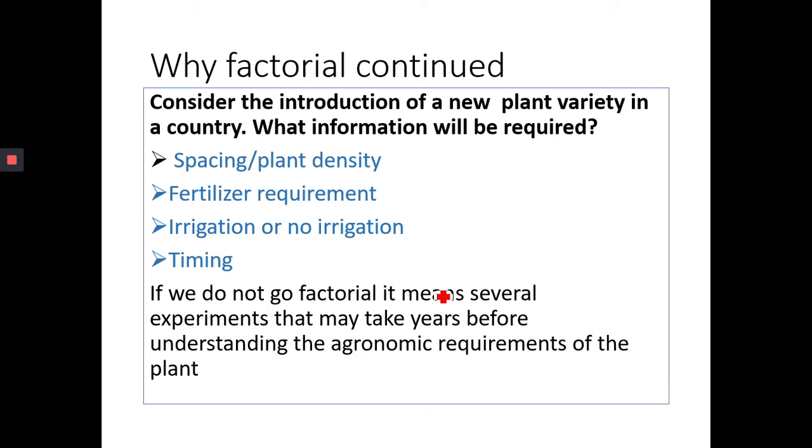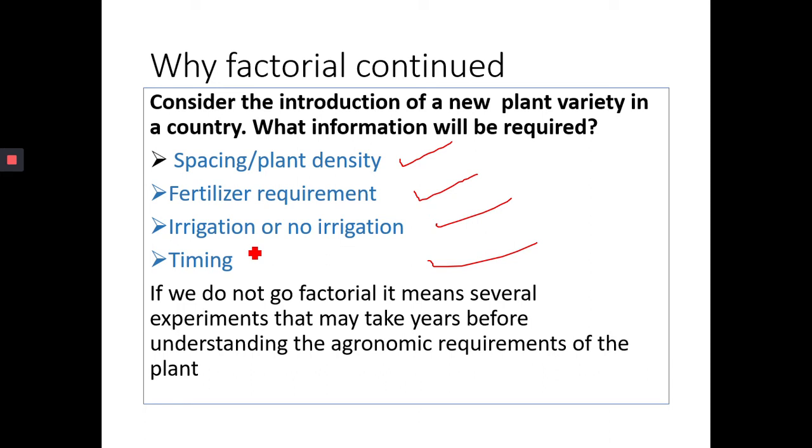Now, if you look at this, all these are factors.